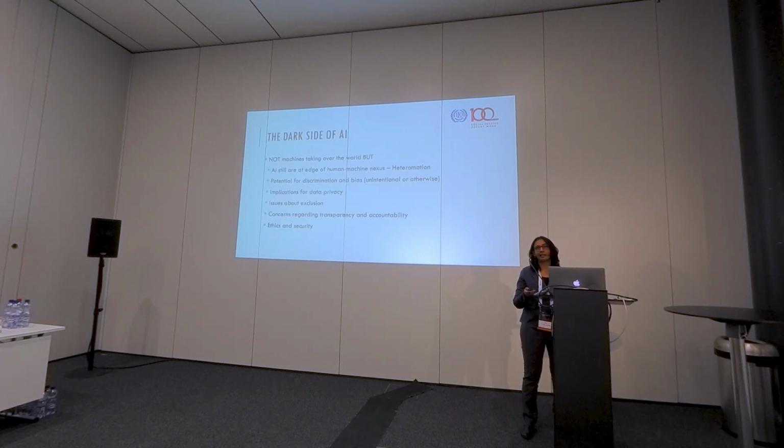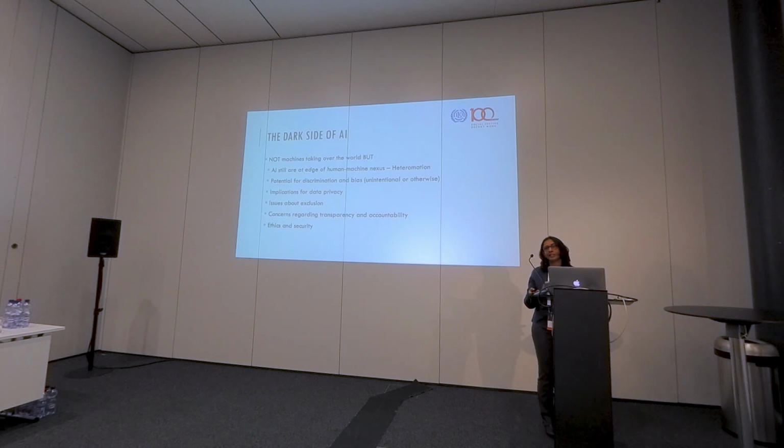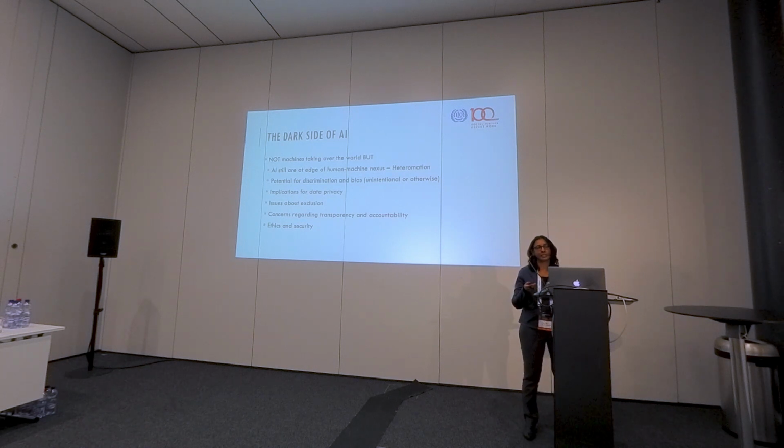So while there are some good examples of AI, there's also quite a bit of the dark side of AI. Now, it's not that the machines are taking over the world, but rather that humans work in the loop with the AI. And I think this is something that is not talked about very much. The minute you get into the entire AI or algorithmic discussion, it almost looks like AI is determining everything.